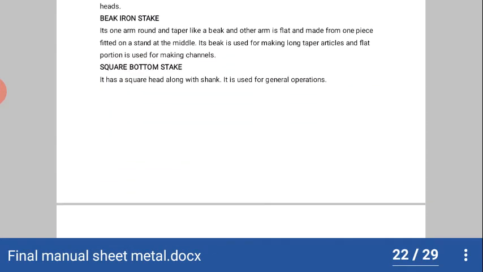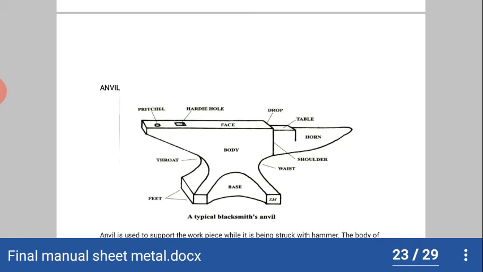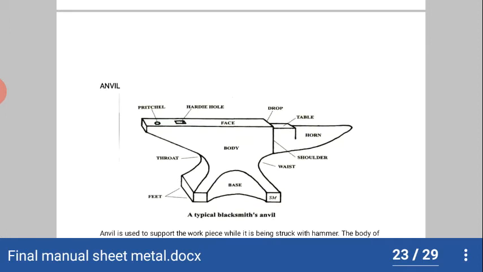Next is anvil. Students, anvil is made of cast iron. It is a heavy body available in different sizes. The workpiece is placed over it and different striking and bending operations are performed.